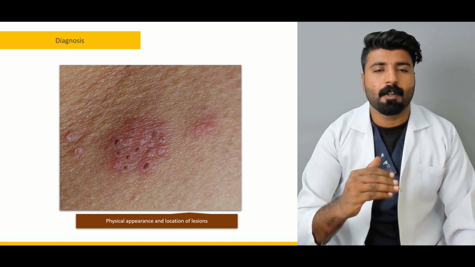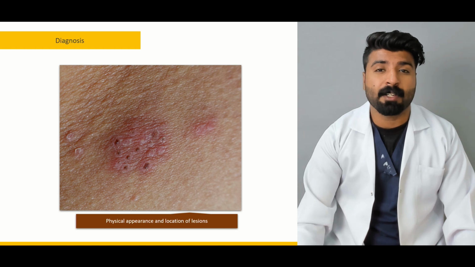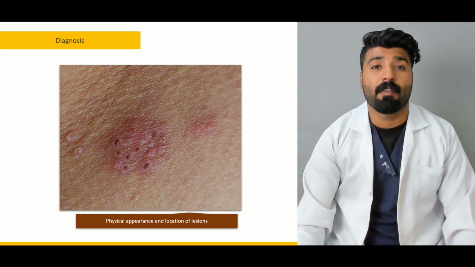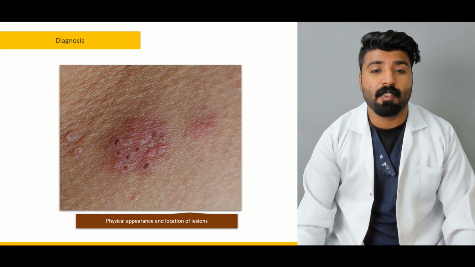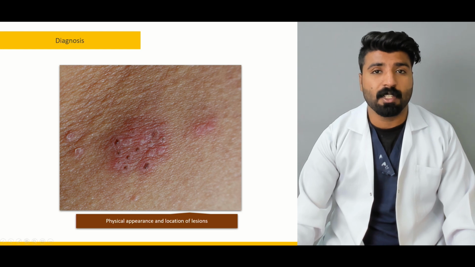There's a preference for every clinical practitioner, whether the doctor goes for radiological manifestations first and then physical appearances. But for me, it's first physical appearance and location of the lesion, and then radiological manifestations. So you'll see the physical appearance and location of these lesions.